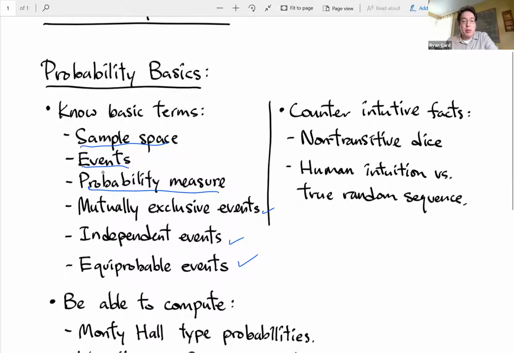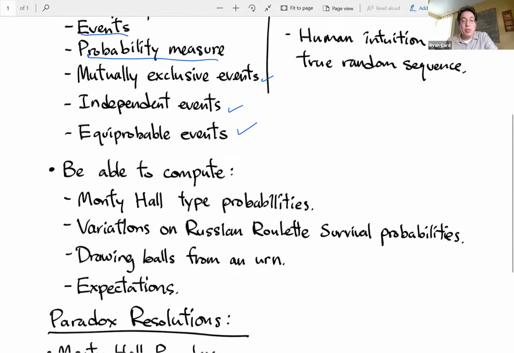You should be able to compute certain probabilistic events, like Monty Hall type probabilities, where you have some doors and you pick one and then some choices are eliminated and you're asked to switch, and what the true probabilities of those situations are.